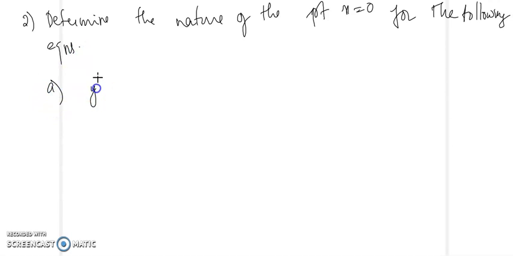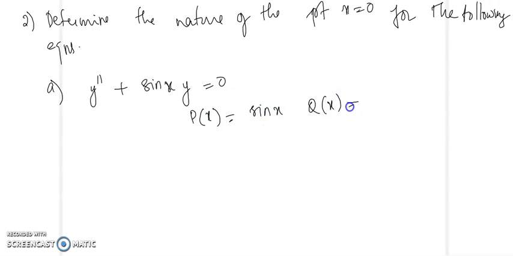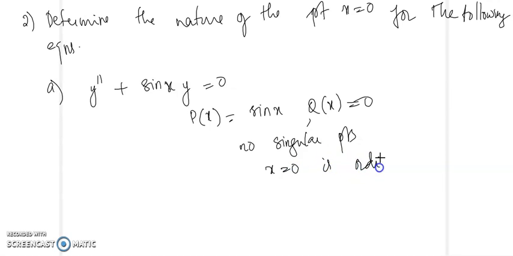First we have y double dash plus sin x y equal to 0. If you look at it, p of x is equal to sin x and q of x is equal to 0. The function sin x is analytic for all x. Therefore there are no singular points, so x equal to 0 is an ordinary point.